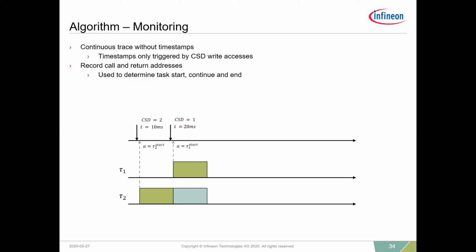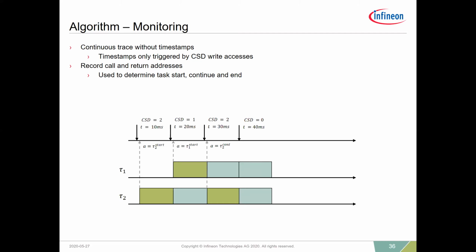So therefore, we have to process the complete trace, of course, and then we can see here that at t30 milliseconds, the CSD is set to 2, and task 2 continues its execution because we don't start at the start address of task 2 here again. So this must be one instance which we are looking at of task 2.